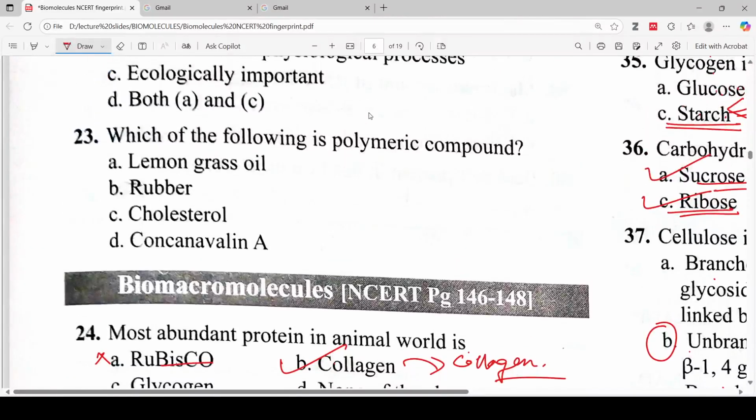So next question. Which of the following is polymeric compound? Lemongrass oil, rubber, cholesterol and concanavalin A. So option B will be the correct answer.